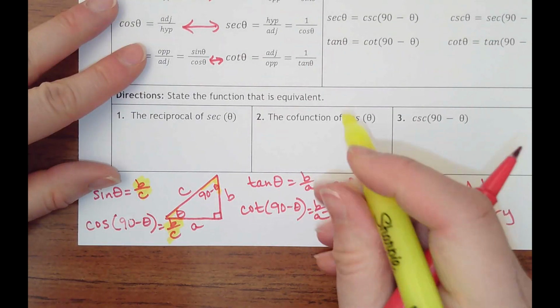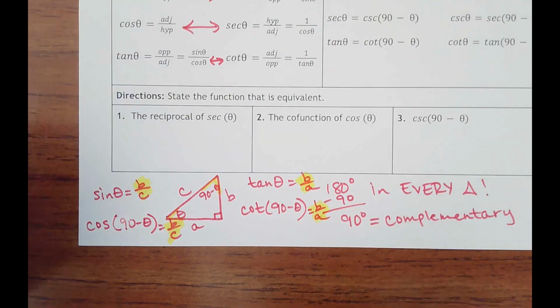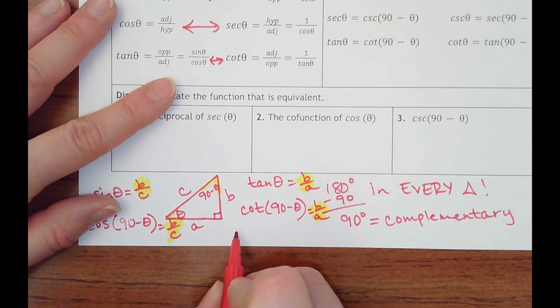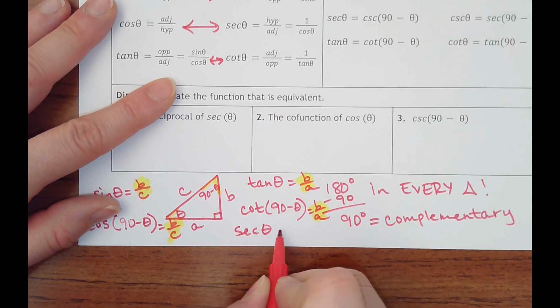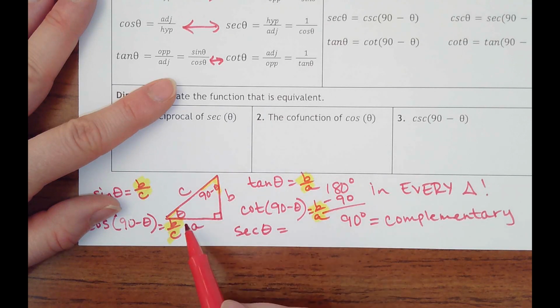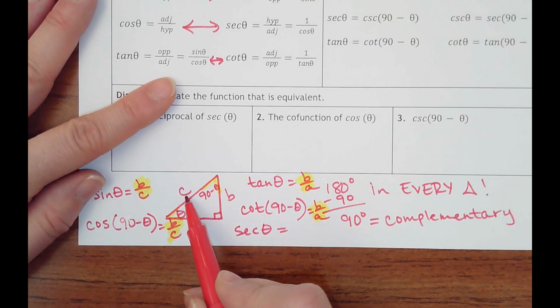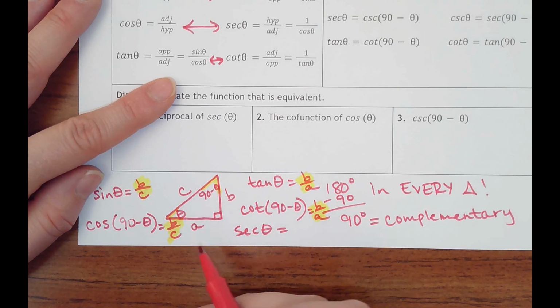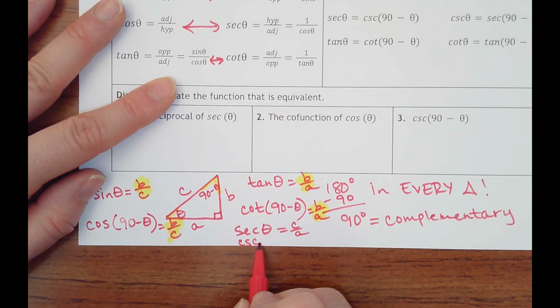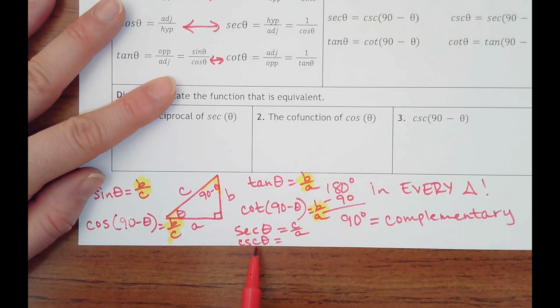And then, you guessed it, it will work like that with secant and cosecant, because secant from this angle would be hypotenuse over adjacent. Remember, it's the reciprocal of cosine. So hypotenuse c over adjacent a. And then cosecant is the reciprocal of sine.